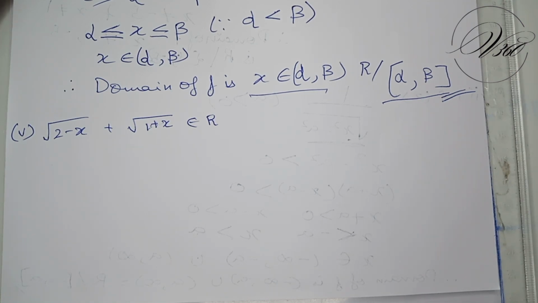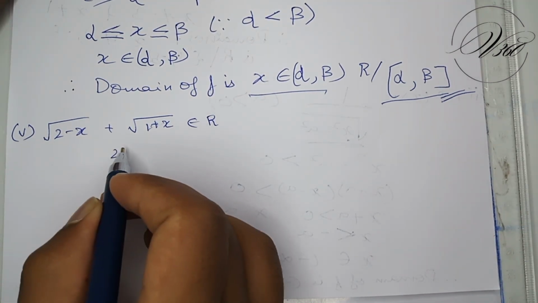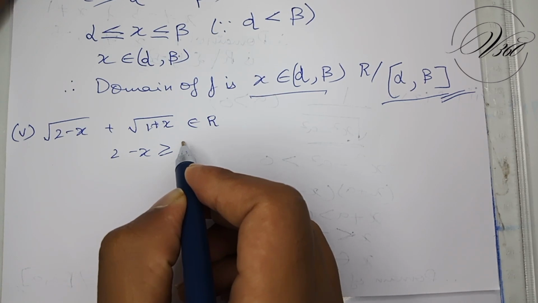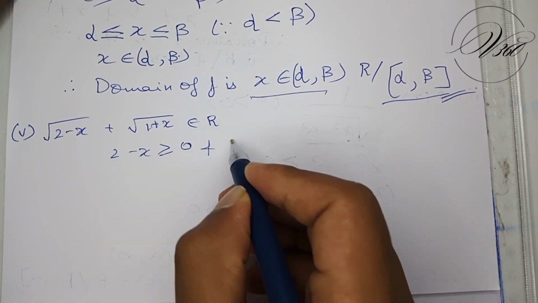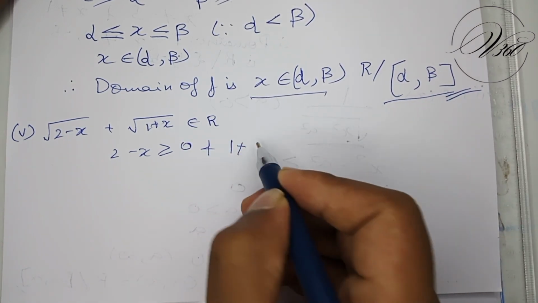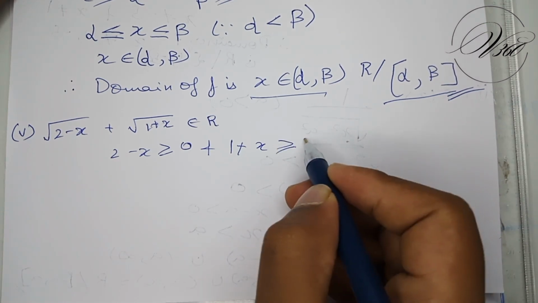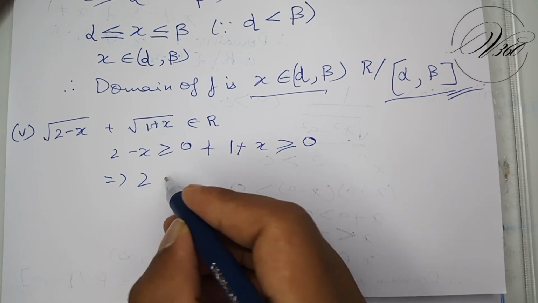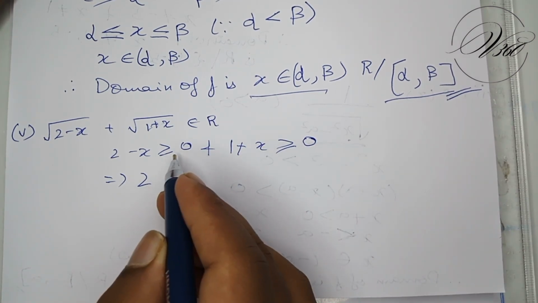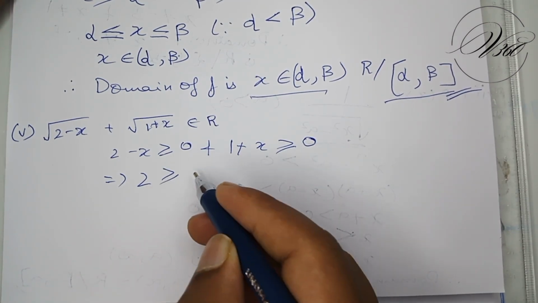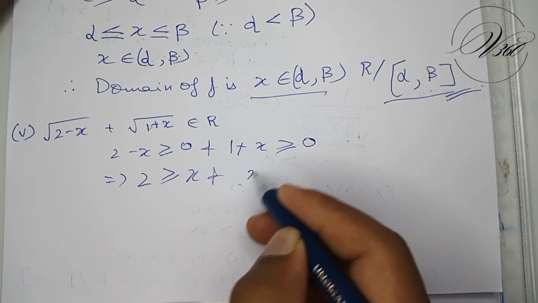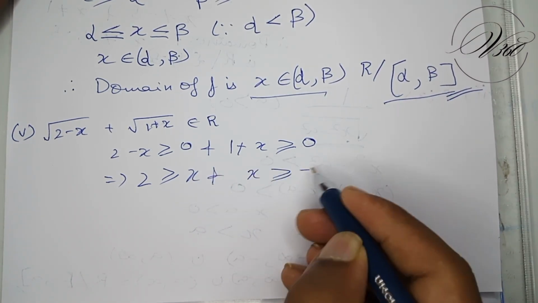Here we are going to take 2 minus x is greater than or equal to 0, and 1 plus x is greater than or equal to 0. Now here 2 is greater than or equal to x, and x is greater than or equal to minus 1.